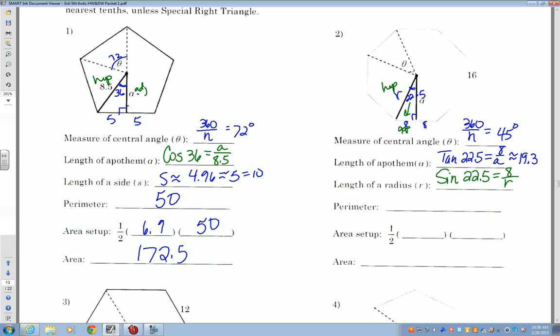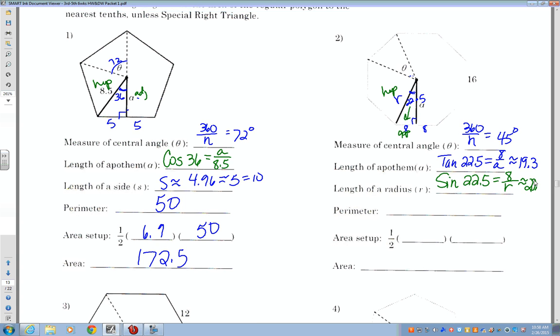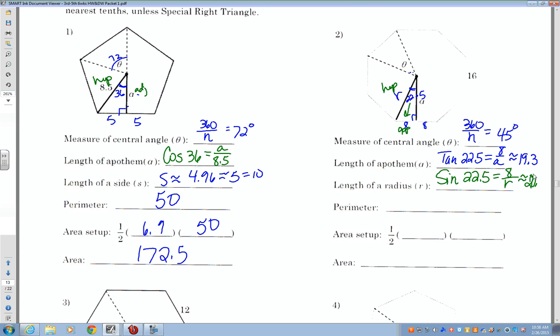Again, the variable's on the bottom, so we're dividing to solve for the radius. Approximately, what's the radius? Approximately 20 point. Yeah, so 20.9.